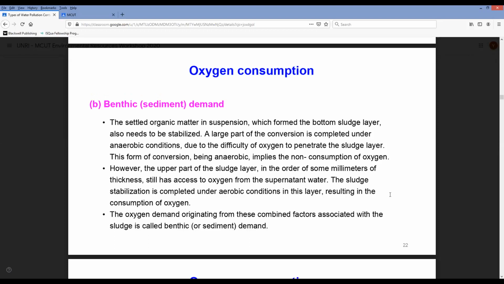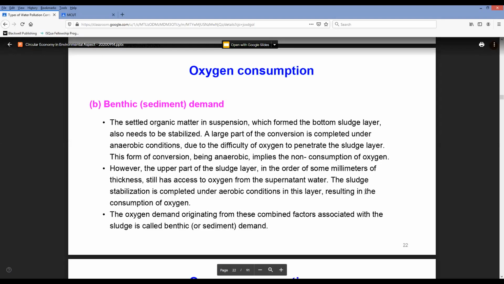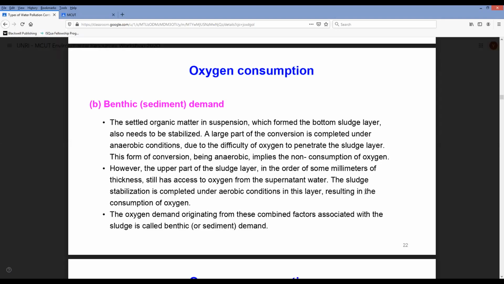That's why the upper layer is usually an aerobic condition, because the oxygen is able to access the water. The third one is the oxygen demand originating from this combined factor associated with the sludge, which is called benthic demand. Okay, and then next, please.